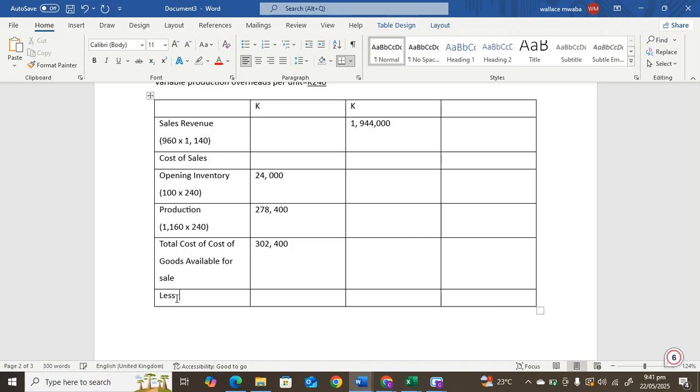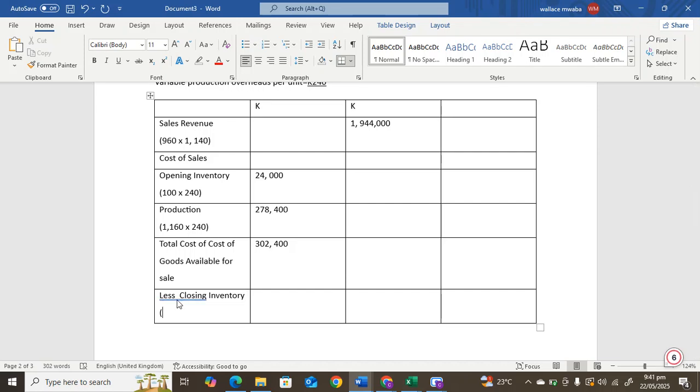Okay, so you say less closing inventory. Closing inventory is 120 units.